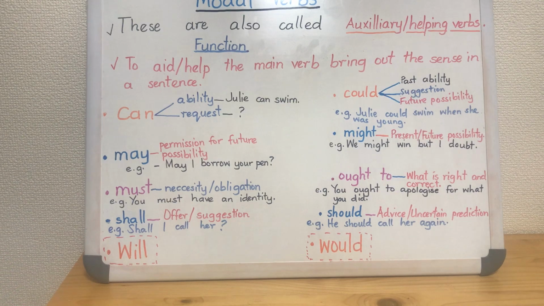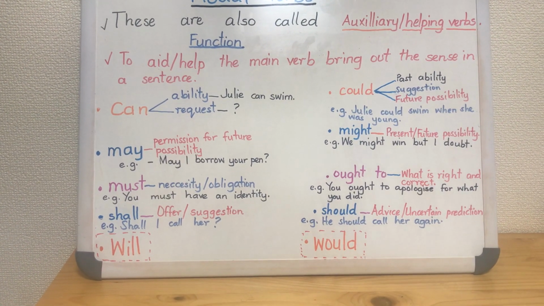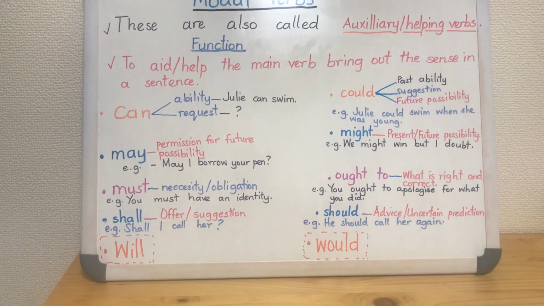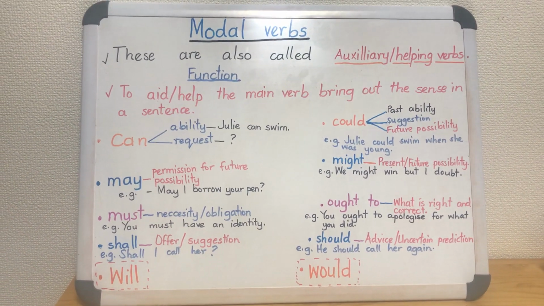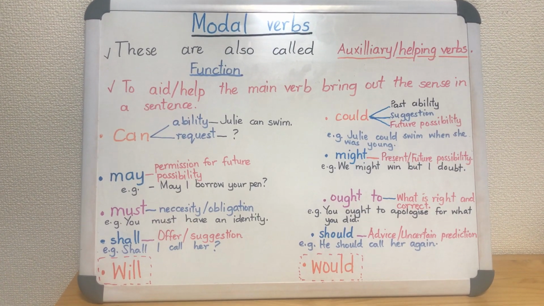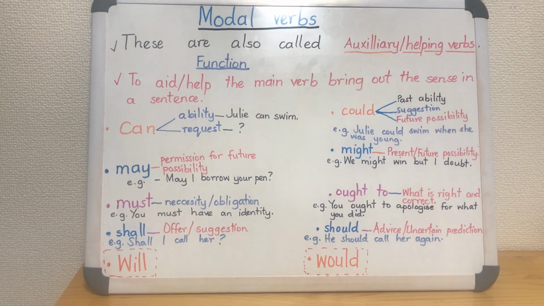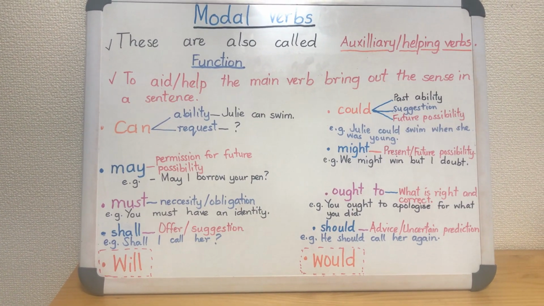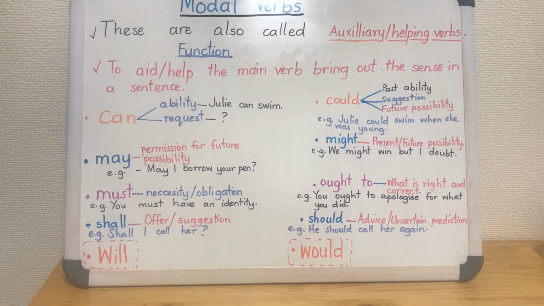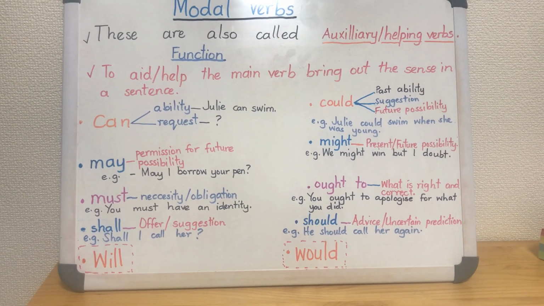Is it an obligation? I want you to justify your answer. If you say it's necessity, what is your reason? If you say it's obligation, again, it will be very nice to have a very sound reason as to why you say it's obligation.